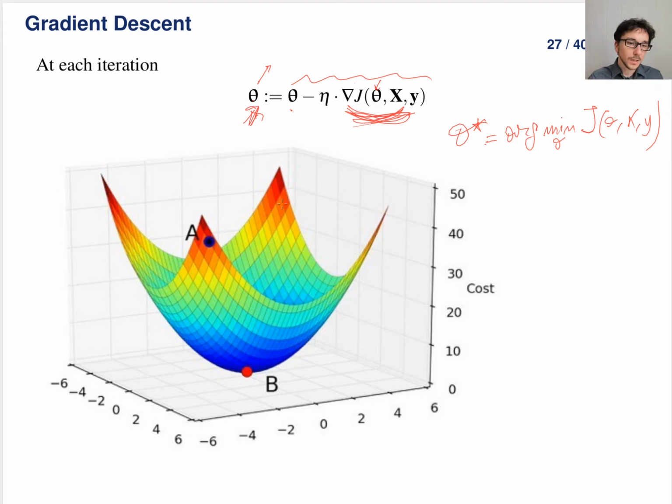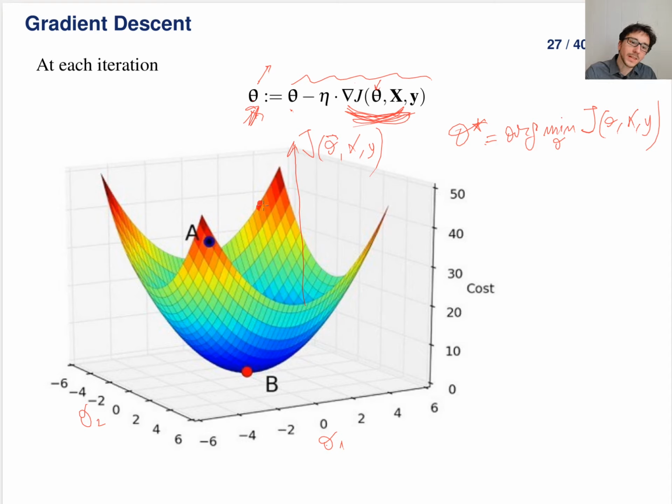So graphically, what we are doing by applying gradient descent is that we start with whatever value of theta. Suppose this is theta 1, theta 2, and the vertical axis is the loss function with respect to theta, x and y.